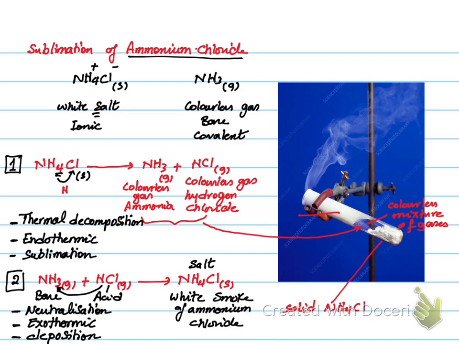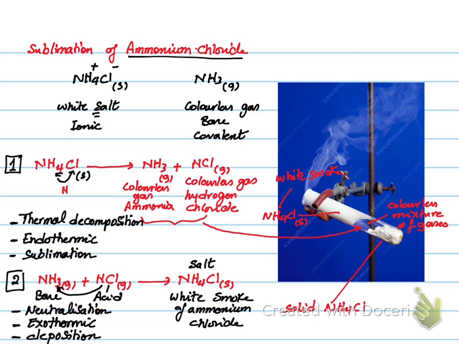So equation number 1 is thermal decomposition, it's an endothermic reaction, and it's sublimation. For equation number 2, it's neutralization, exothermic, and deposition. So don't forget that the white smoke formed at the top of the tube is solid ammonium chloride, which appears as white smoke.